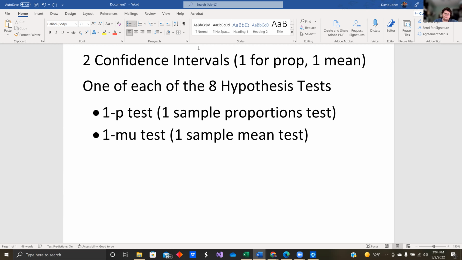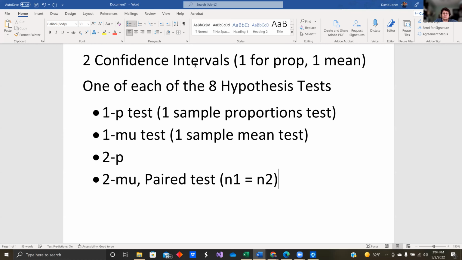Then we had our two sample tests. We had a 2 proportion test. We had a 2 means test where the data was paired, so the paired test, and in that N1 had to equal N2, and the data had to be dependent.